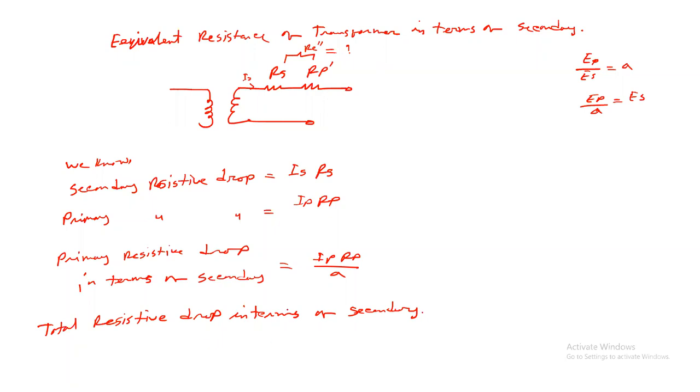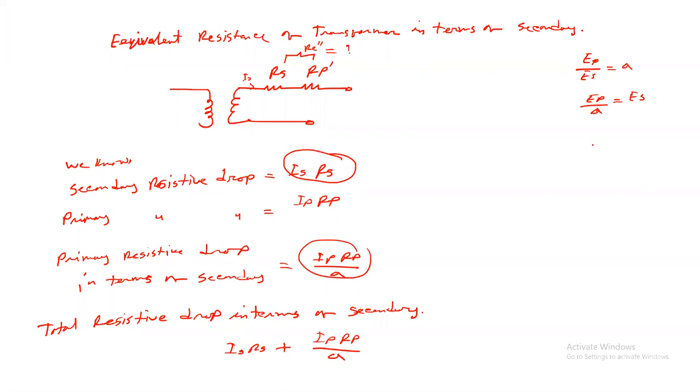It is equal to this voltage drop plus this voltage drop, so IS RS plus IP RP by A. But this is the secondary part, while this current is primary. So just convert this current to secondary.